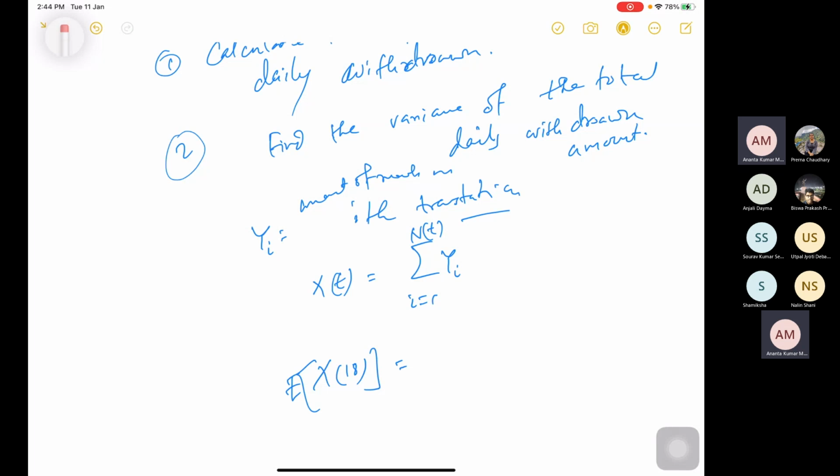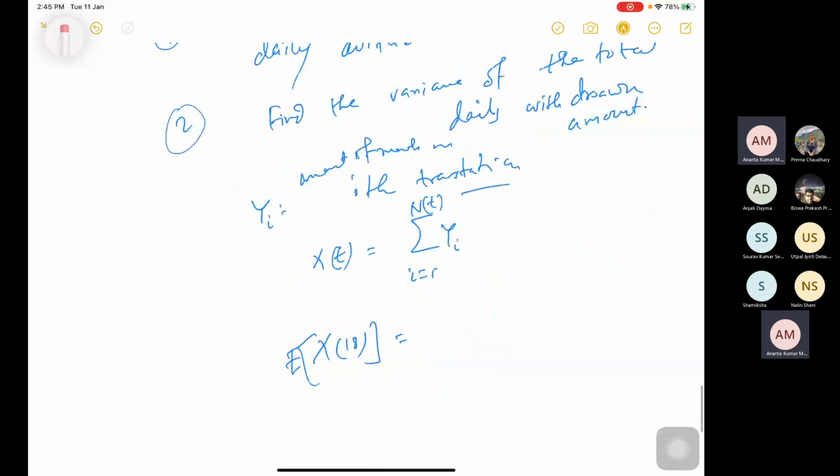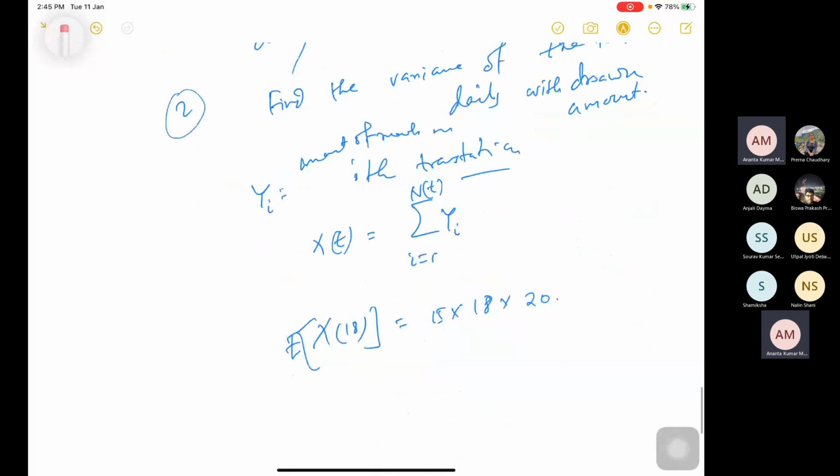From what I have already seen, the expectation of X(t), where X(t) is a compound Poisson process, is lambda t times the expectation of Y1. Here lambda is 15, t is 18, and the expectation of Y1 is m, which is given as 20. You calculate these. Second, I want the variance of X(18).